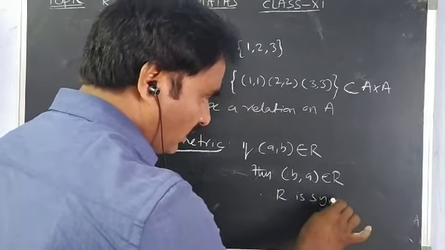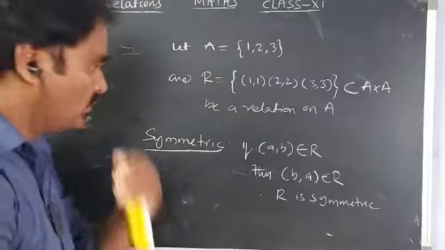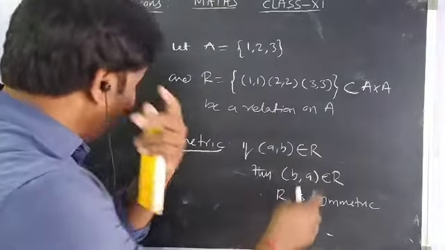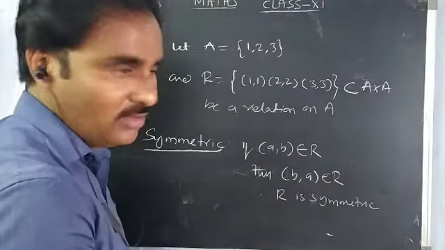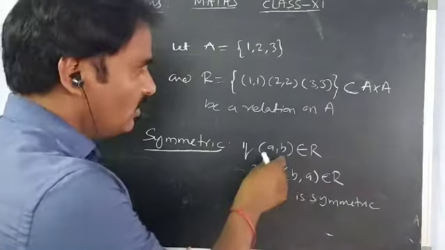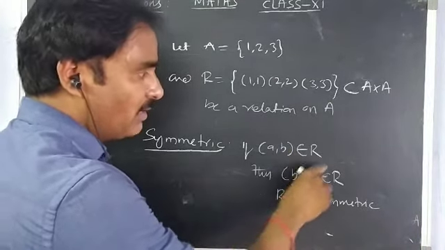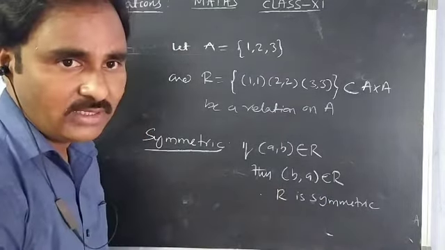If such ordered pairs do not exist in R such that (b, a) does not belong to R, then directly you can write it is symmetric.